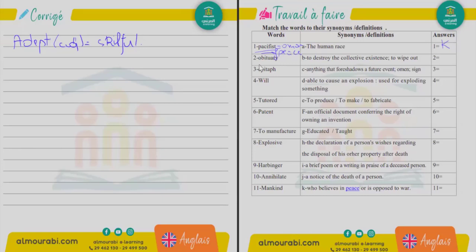So the obituary in the French newspaper, what's the meaning of obituary? It's not H. That French newspaper was mistaken.